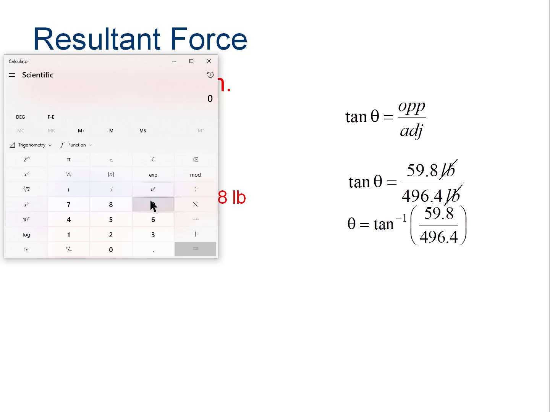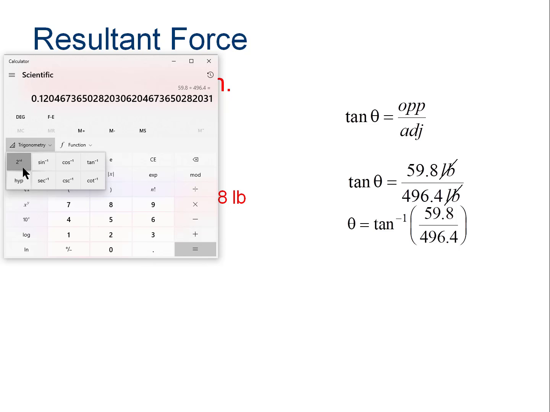So let's do this. 59.8 divided by 496.4 equals 0.12, and now I go trigonometry, second inverse tangent, and I get 6.869, or about 6.9 degrees.